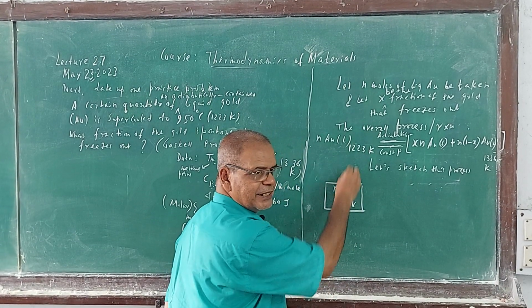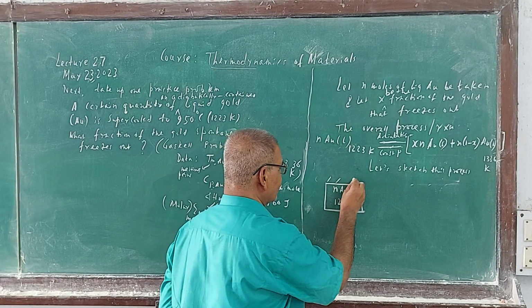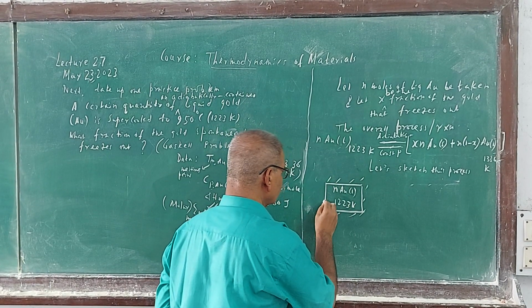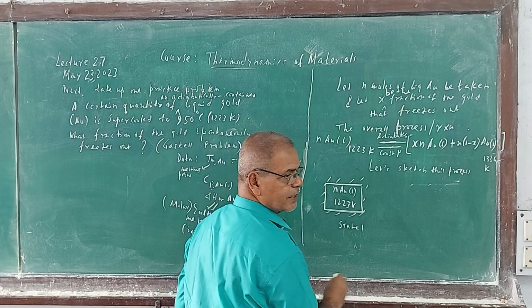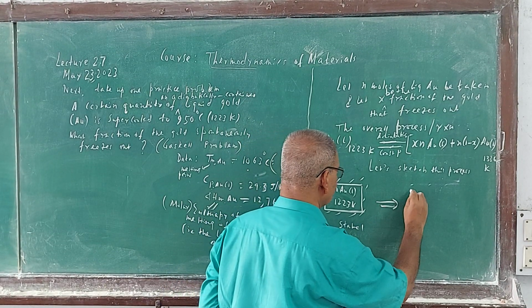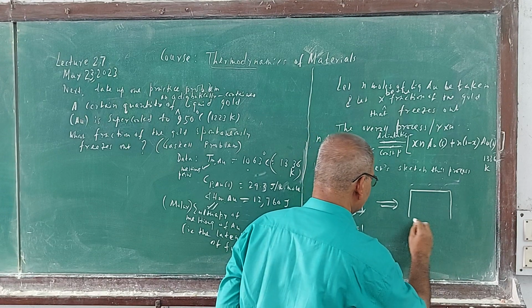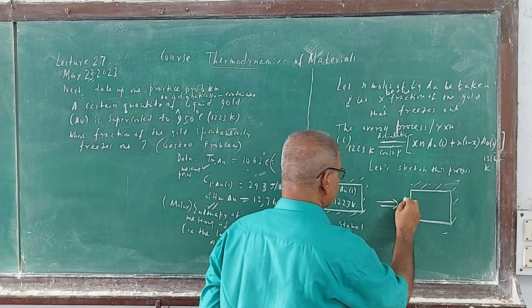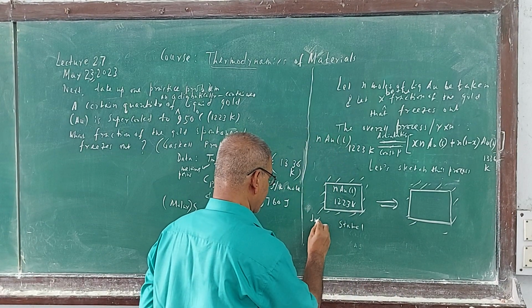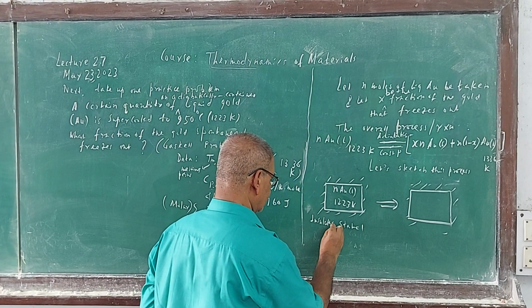I am sketching these lines. So this is adiabatic, state 1, the initial state. It goes to state 2, still adiabatic, insulated.